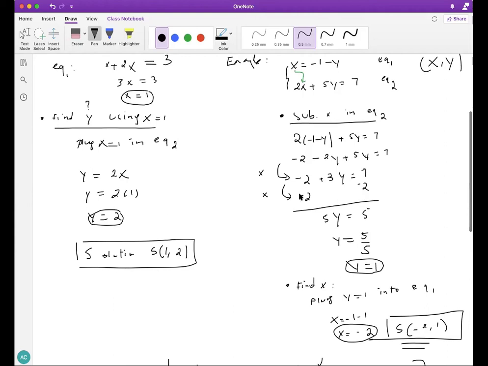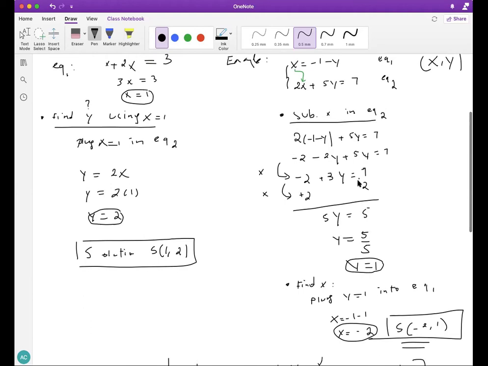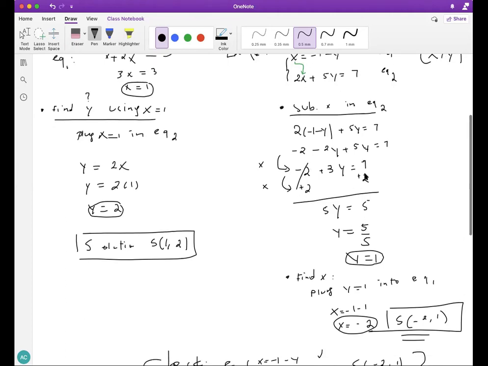We have negative 2. To cancel it, we need a positive 2. Also here we need a positive 2. Positive 2, yes. That way these cancel out. And now this turns into a 5. This is still a 3, right? So this has to be a 3.